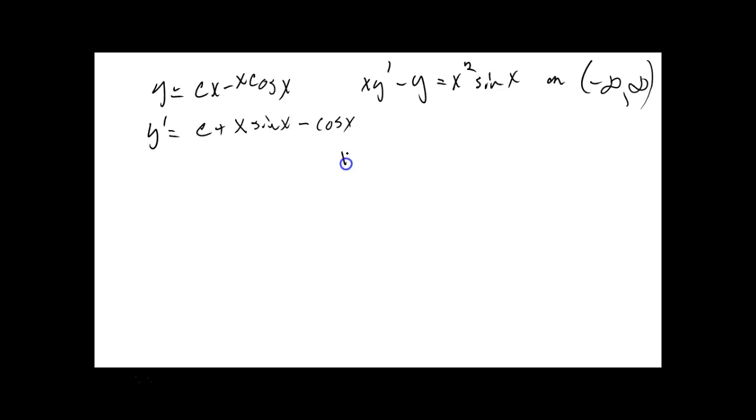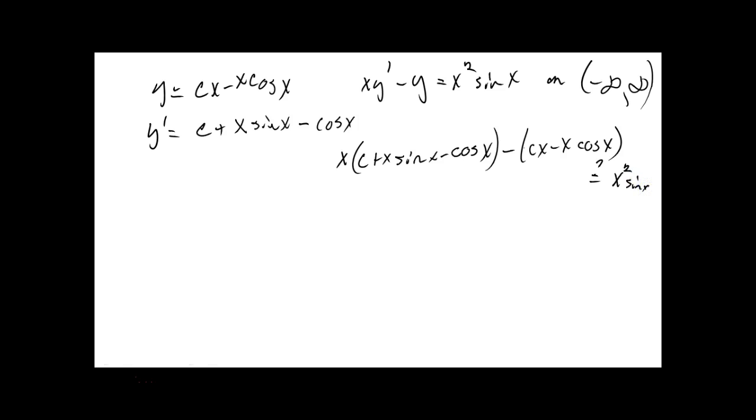Well, this says x times y prime, and your y prime is c plus x sine x minus cosine x, minus your y, which is cx minus x cosine x, and supposedly that's equal to x squared sine x.